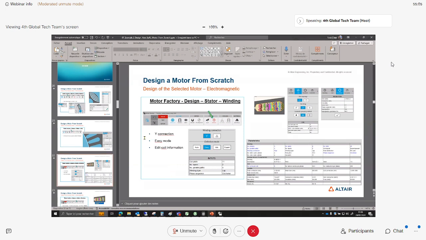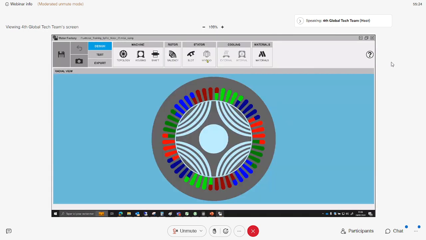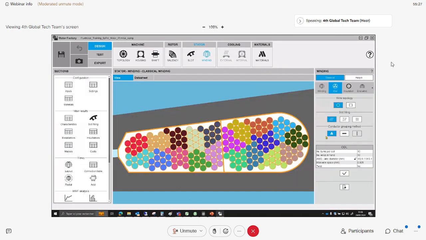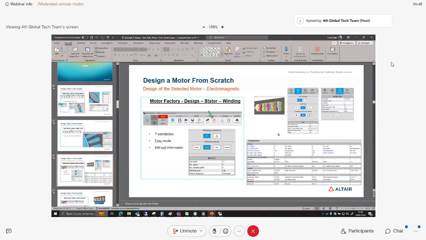We are going to select Y connection, use easy mode with 4 parallel paths and shorter coil pitch, as this is the best configuration we found previously. Then we have to go to the coils here. Come back here, coil, and then we have to indicate the number of turns, the number of wires in hand, and the insulation, and we have a view of the slot filling here to choose the best one.